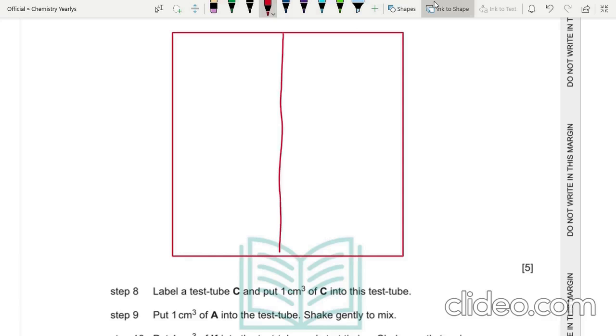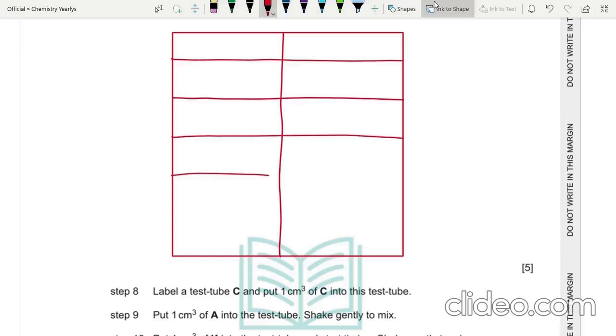Then we are going to be drawing a line here, and then we're going to make the heading section. Then let me pick up the ruler, the third row, and then the fourth and the fifth one. So we are going to be making our table like this.